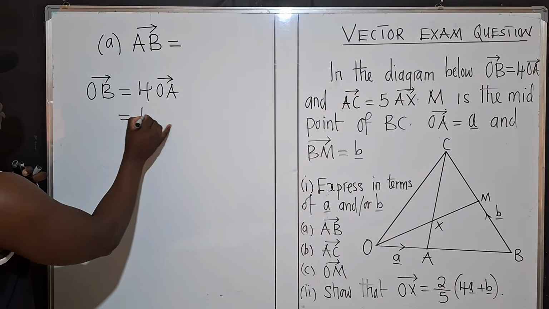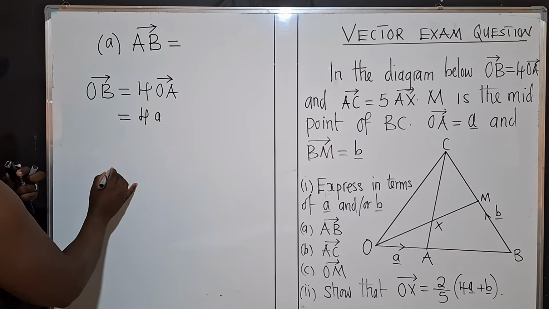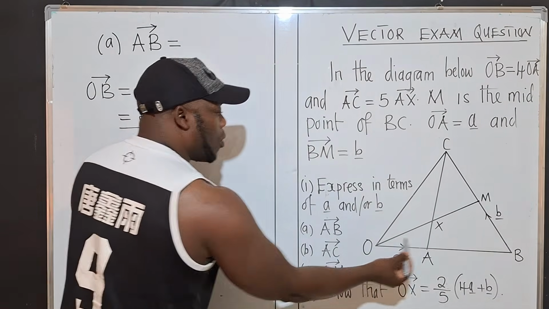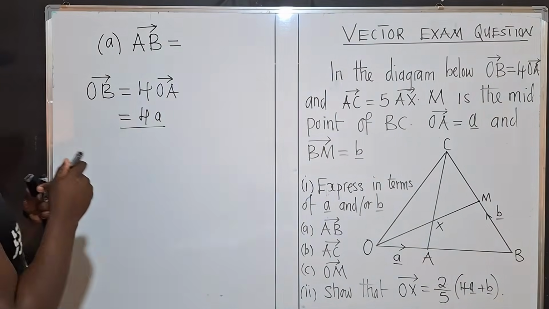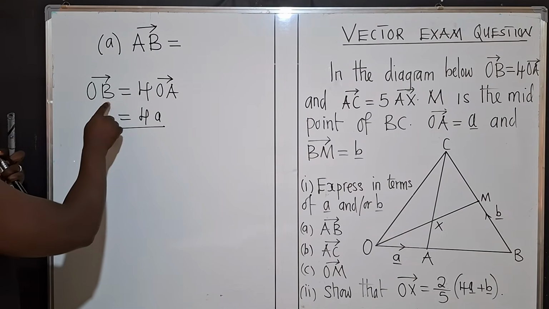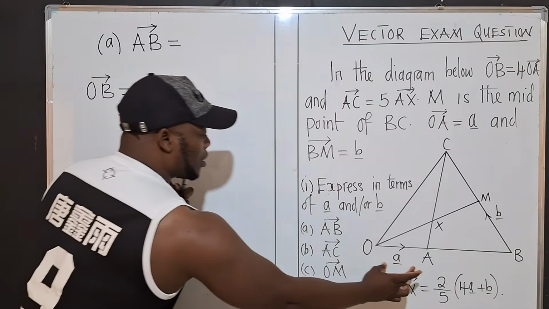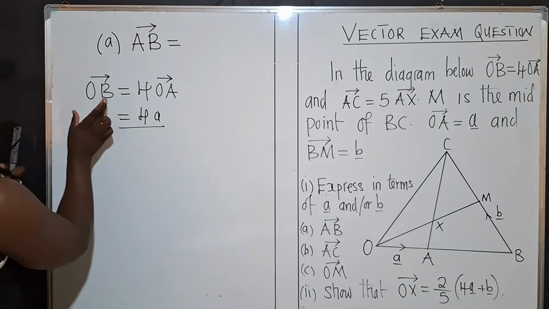So OB is 4a, the entire vector from O to B. Since OA is equal to a, we can subtract this part from OB.